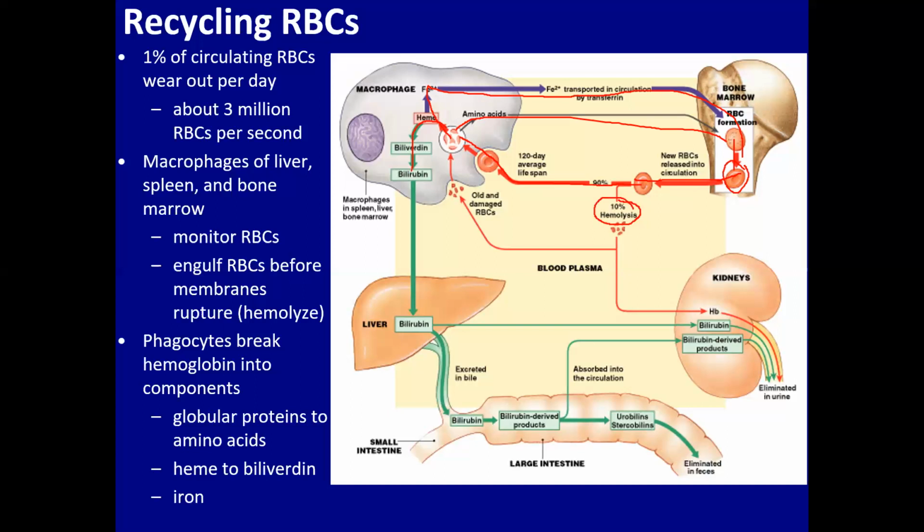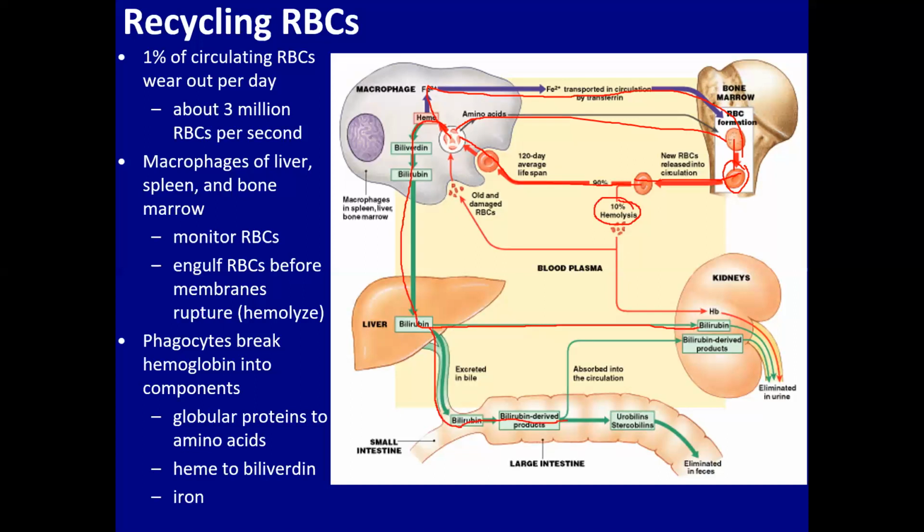Biliverdin is converted into bilirubin. Bilirubin enters your liver, and bilirubin can be removed from your body in two ways. One of the ways is straight into your urine. Bilirubin has a yellow color, by the way. Another way that bilirubin is removed from your body is it enters your small intestine, goes to your large intestine.